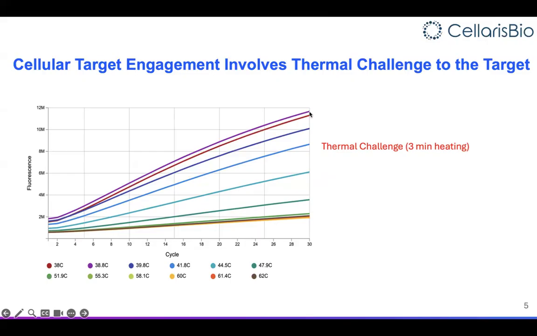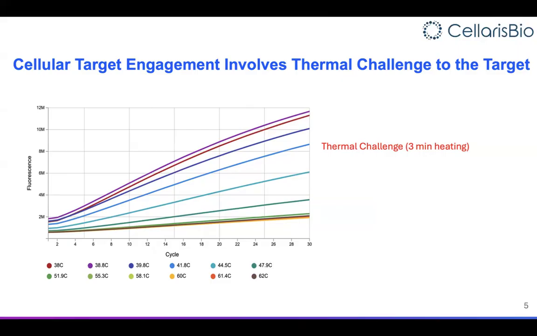And what you can see is as you increase the temperature, you get less and less fluorescence being generated, up until about 60 degrees where very little fluorescence is being generated. So what's happening is as you apply heat to these cells, this protein target is starting to unwind, denature, and again form these insoluble aggregates that bury that microtag.